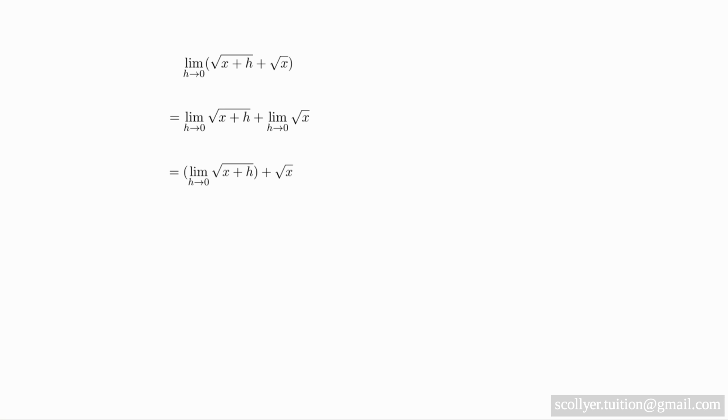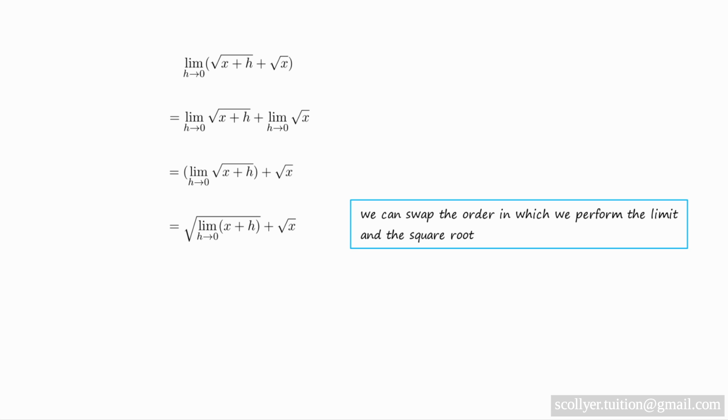So now the question is, how do we deal with the limit as h tends to 0 of something inside a square root? Well, in fact, we can exchange the order of the square root and the limit, like so. And so we obtain the square root of the limit as h tends to 0 of x + h, plus √x.